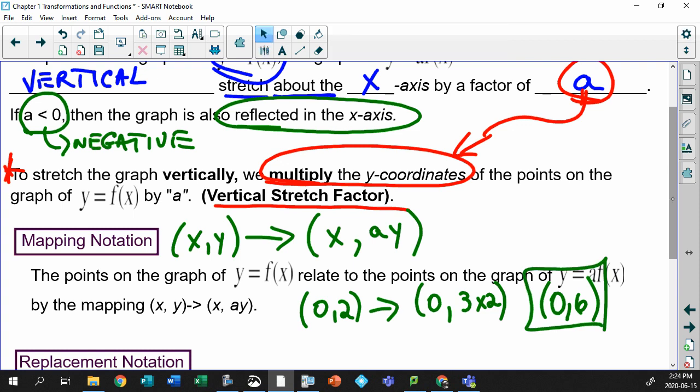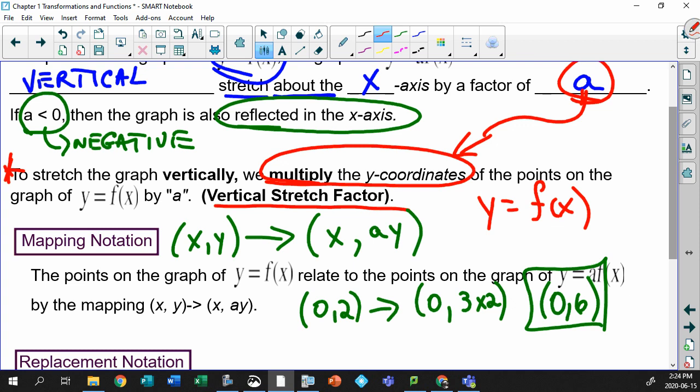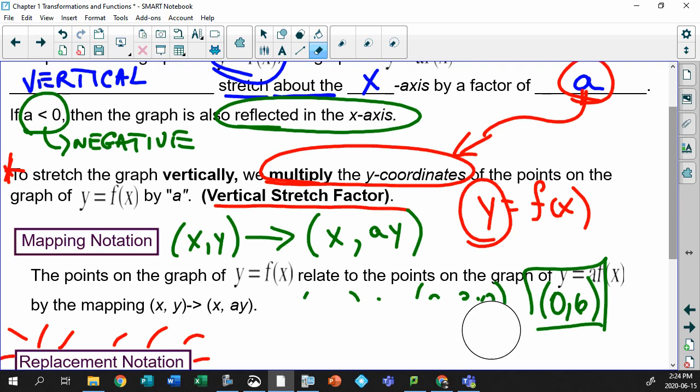Okay, but I got a question for you. If we're going to go into this function y equals f of x, and I'm going to do replacement notation now, how am I going to do replacement notation showing this? Well, let me show you something. I'm going to clear this out of here.